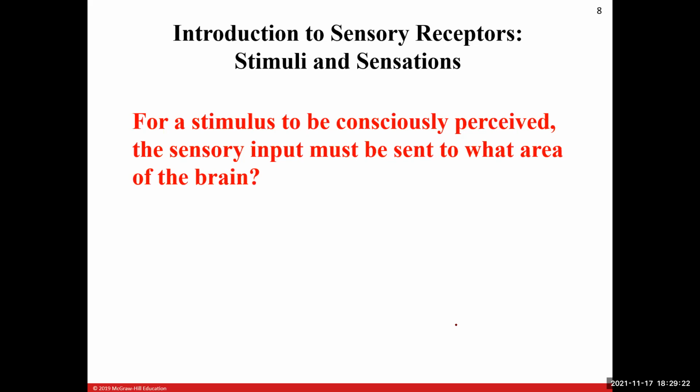For a stimulus to be consciously perceived, the sensory input must be sent to what area of the brain? Does anybody remember? When we can consciously perceive a stimulus, that's called a sensation, but where does that information go in the brain?